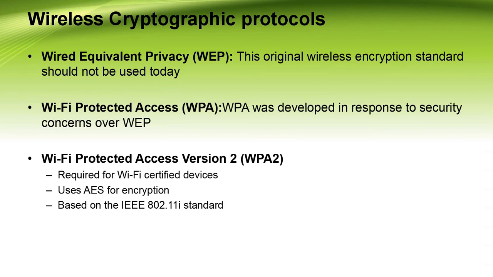TKIP works by using a shared secret combined with the card's MAC address to generate a new key, which is mixed with the IV to make per-packet keys that encrypt a single packet using the same RC4 cipher used by traditional WEP. This overcomes the WEP key's weakness, as a key is used on only one packet.